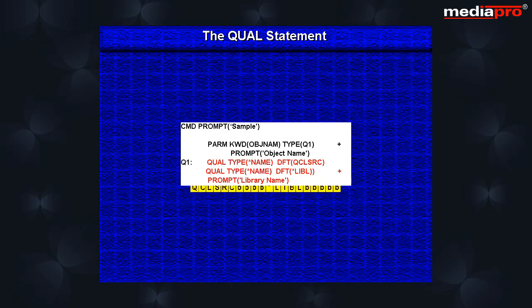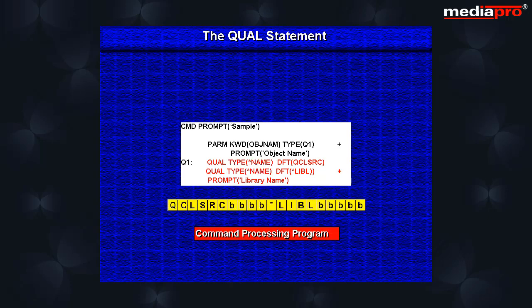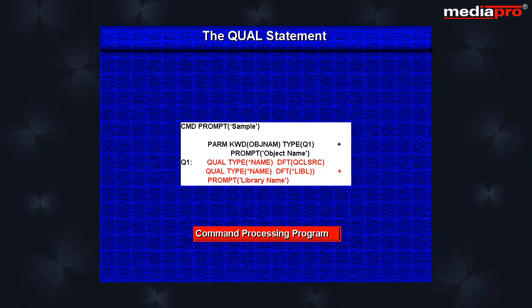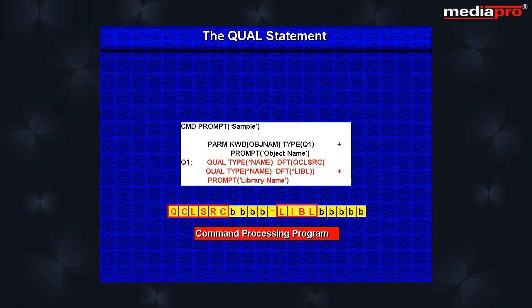A qualified name is passed to the command processing program as one single field with the object name in the first 10 bytes and the library name in the next 10 bytes. The command processing program should be coded to separate out the two parts of the qualified name before using it.